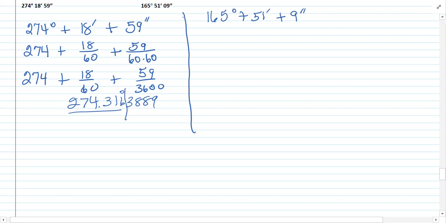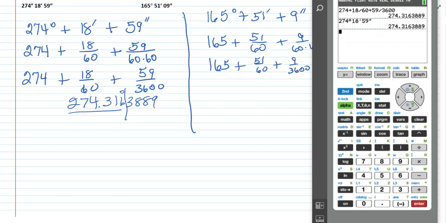All right, so that would be the 165 plus the 51 parts out of 60 plus the 9 parts out of 60 times 60. 165 plus 5160 plus 9 over 3600.